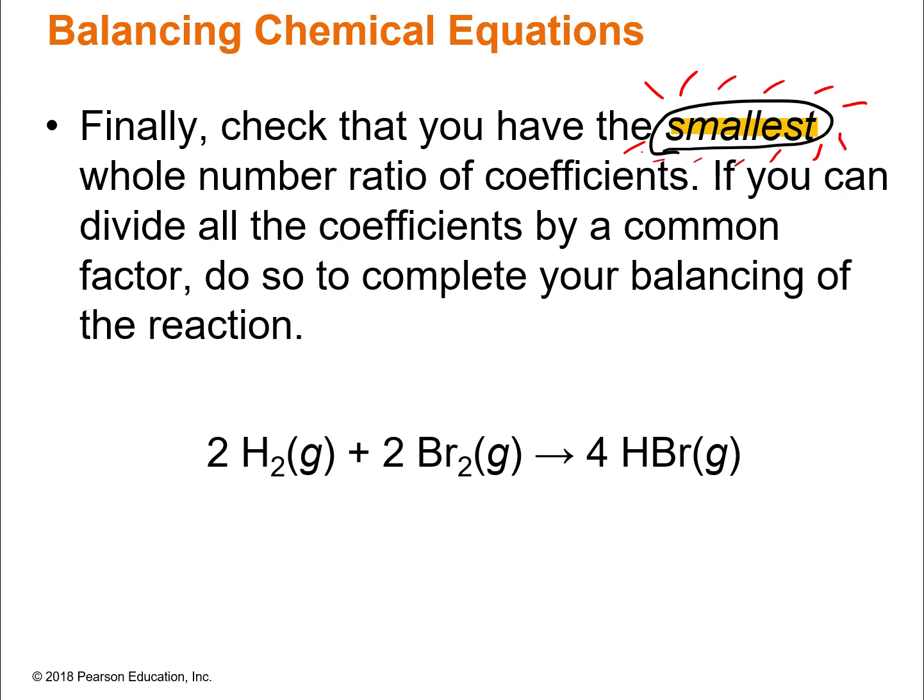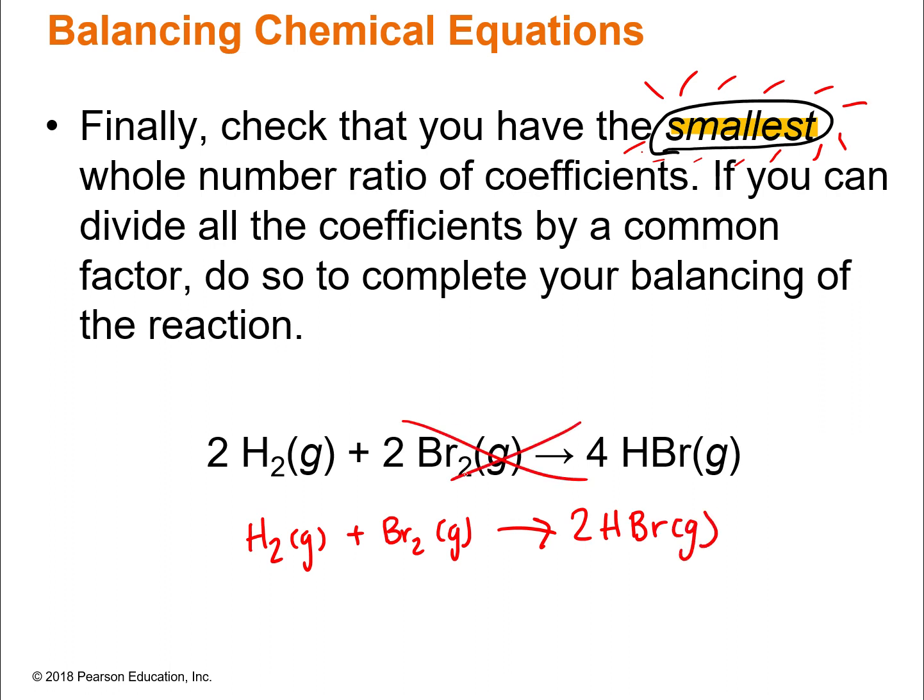So if I looked at this equation here, 2 hydrogens and 2 bromines, 4 HBr. Yeah, okay, it all checks out. It's the same number of atoms on each side. But I can reduce this, 2 and 2 and 4. That would be wrong. This is correct.